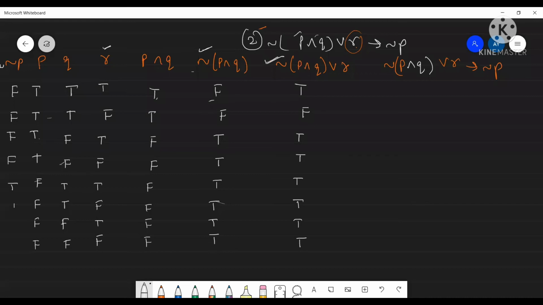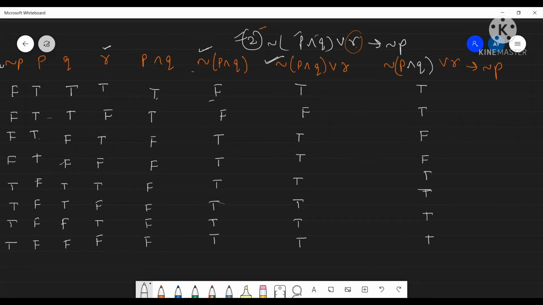You'll have true, true, true, and true. So what is conditional? So this becomes true, true, false, false. Then the rest of the elements will be true, true, true, true. Okay. So this is what our truth table is. If you miss some column, you can write it at the right hand side or left hand side of your page. So this is what the truth table is.